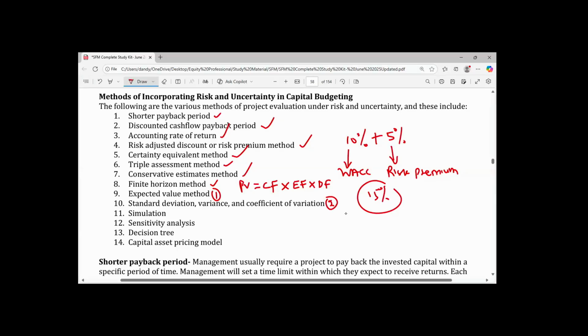Then we have simulation. We also discuss this. We have sensitivity analysis. We will discuss this. We have decision tree. We also discuss this. Then, of course, there is also the capital asset pricing model. You're already familiar with this. All right. So let's start. We are going to start our discussion around expected value.